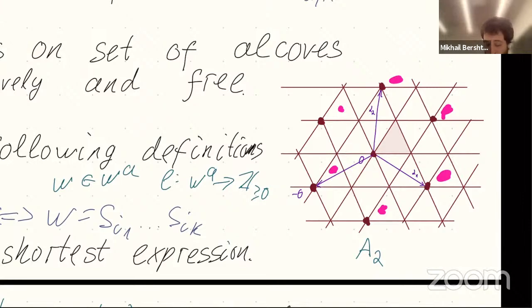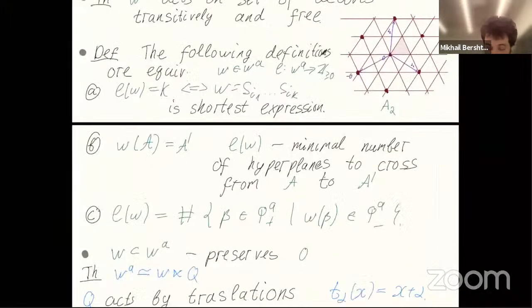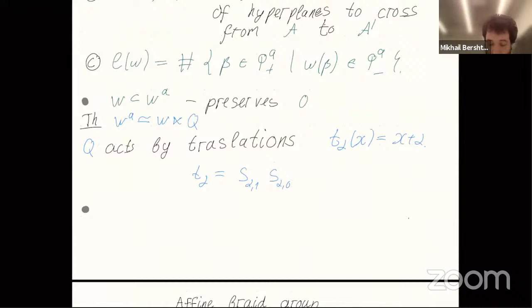And it leads to the definition of the affine extended Weyl group, which is no more a Coxeter group, not generated by reflections, but for which we have a definition in terms of the semi-direct product immediately.